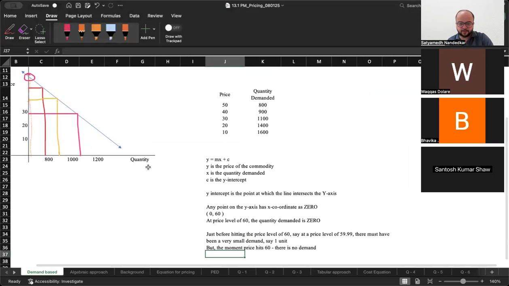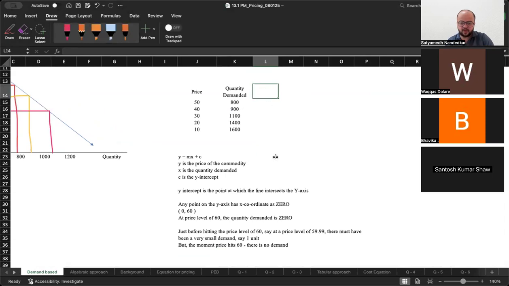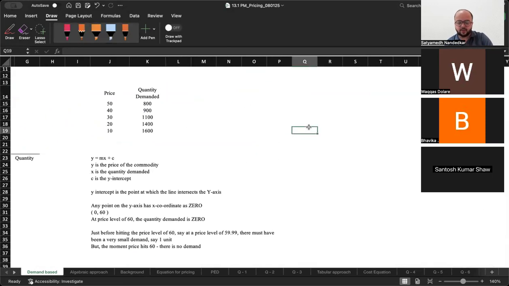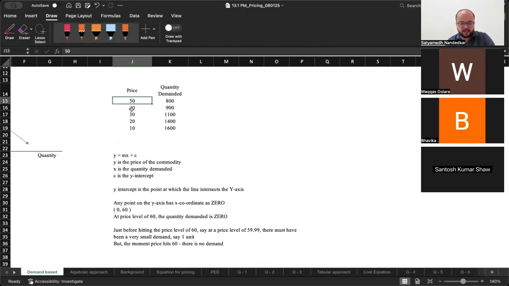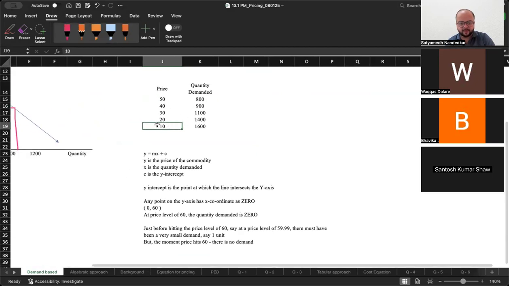So if I were to give you a hypothetical example of how an increase in price does not necessarily lead to an increase in the overall profit, that understanding is also important for you. Here you see the price is decreasing and the quantity demanded is increasing.